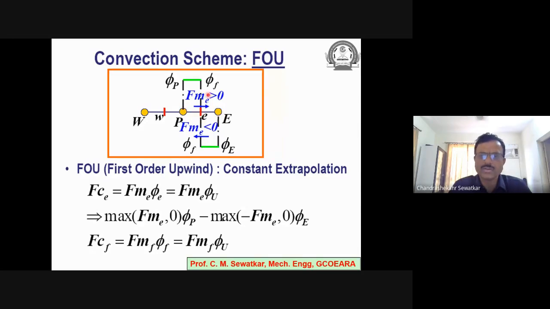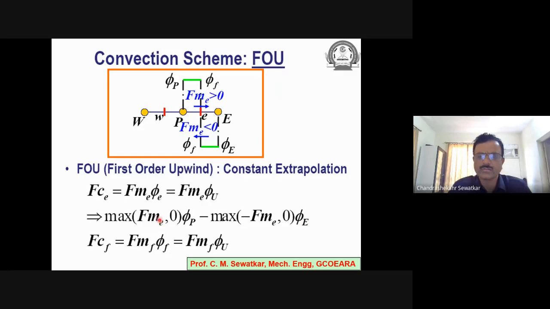So which value shall I use? Whether I shall use phi P or phi E? Phi P is to be used when my flow is in positive x direction. Phi E is to be used when my flow is in negative x direction. So what I do, I write an expression like this: maximum of FME, comma 0 into phi P minus maximum of minus FME, comma 0 into phi E.